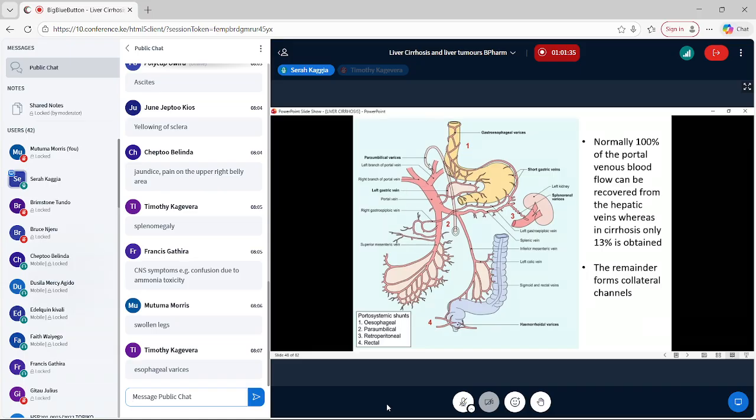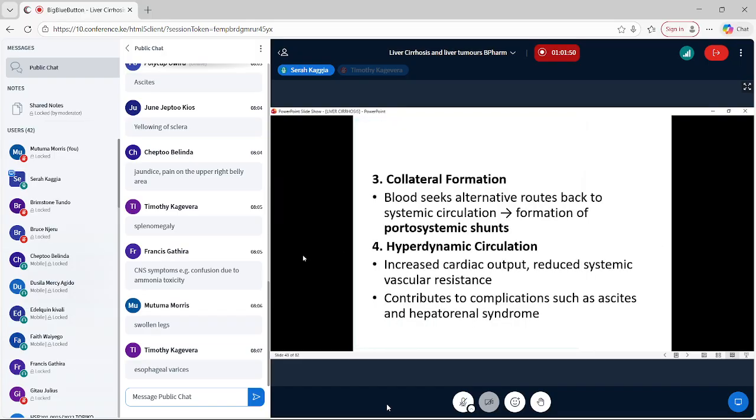So they end up having systemic shunting. Only 13% will be recovered in the hepatic venule, because all the others form these collaterals that we are seeing in this picture. And this is our point here in portal hypertension.